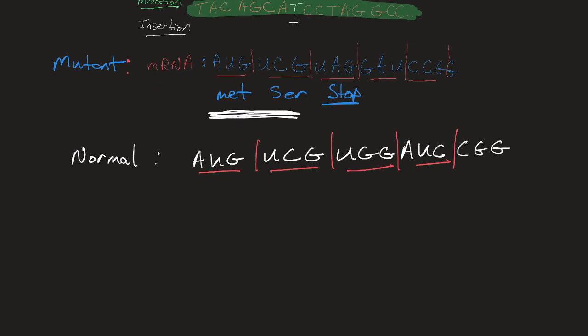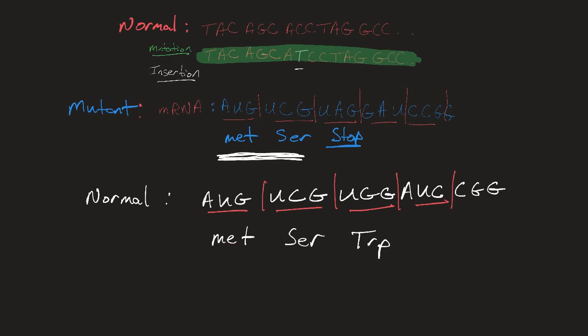So in this one, you have AUG, which is methionine. Okay, that's fine. UCG, which is serine. UGG, which is tryptophan, TRP. I think I'm confusing myself. That was meant to be a C. Let me see.